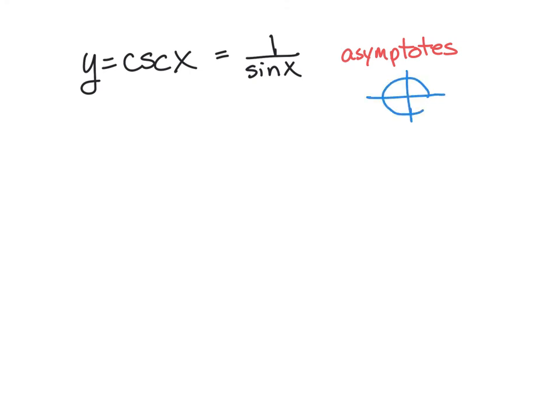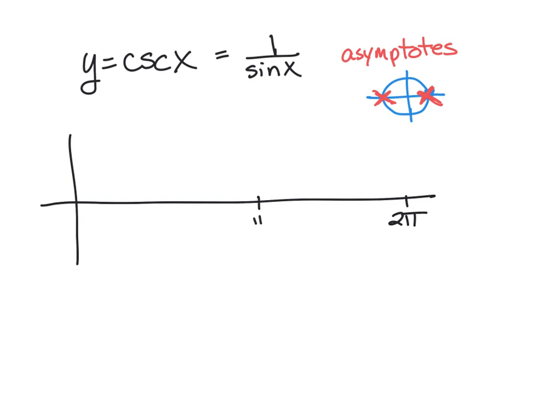Asymptotes are in red. I'm dividing by the sine. Where does the sine equal 0? Here, here, and then back at the beginning again. And then where the sine equals 1, we're just going to have 1 over 1 is 1. 1 over minus 1 is minus 1. Okay? So we're going to go from 0 to 2 pi.